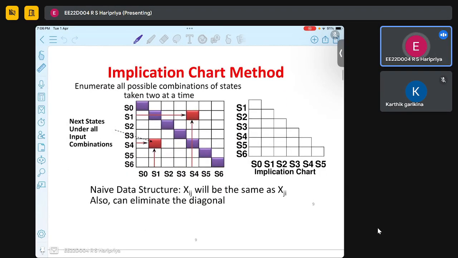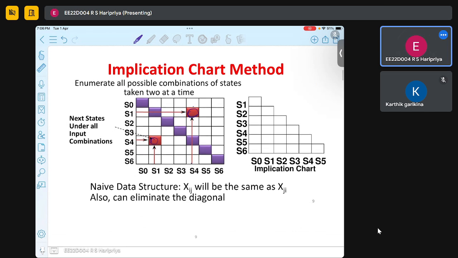Now in the implication chart, if we have a chart, say S0 to S6, then there will be, say, this, which is already the same as S1, S4. So we can have from S1 till S5. This portion alone, if we use, it will be sufficient. So we take it, and this is called the implication chart.